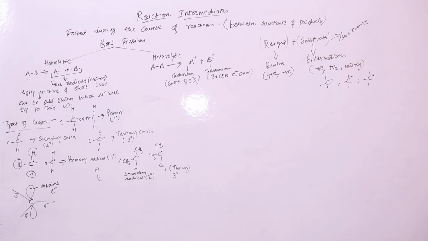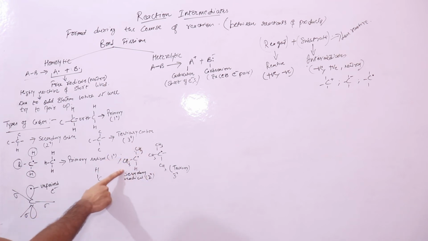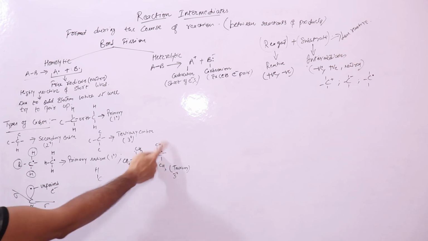So these have maximum stability based on hyperconjugation, because it depends on the resonating structures due to hyperconjugation. After this comes the secondary radical, because it has two CH3 groups, so fewer CH bonds compared to tertiary.